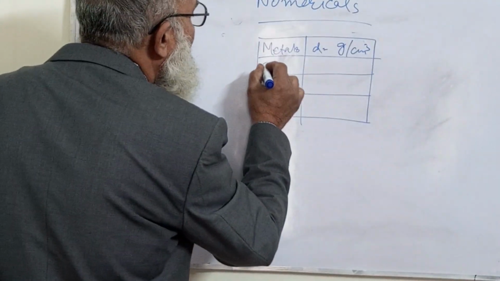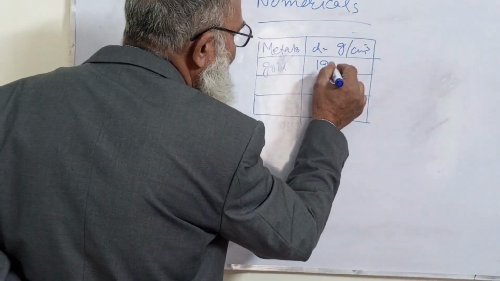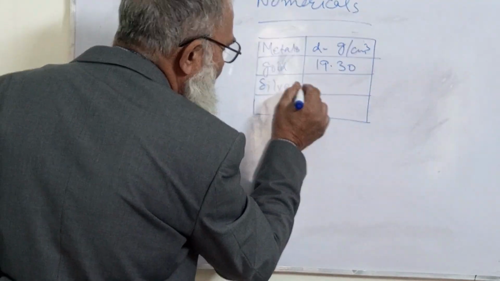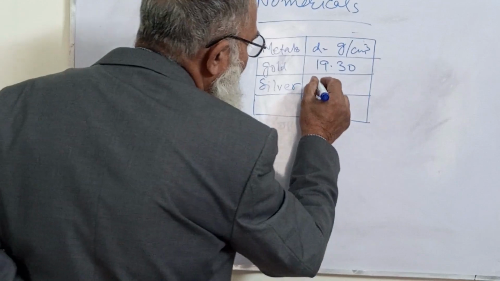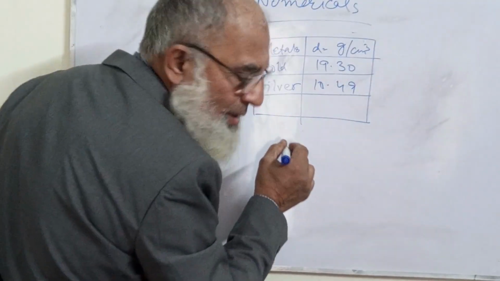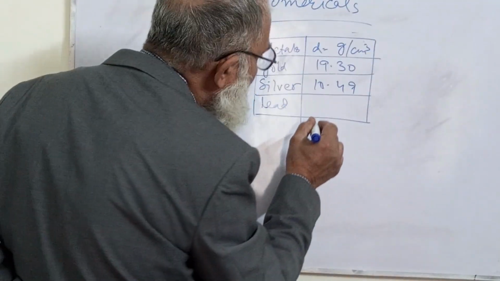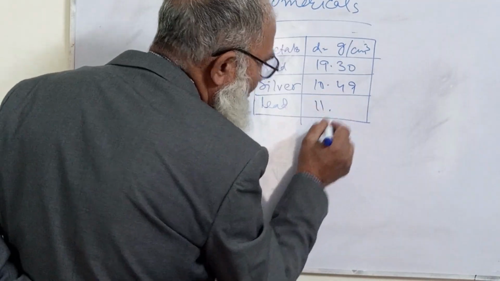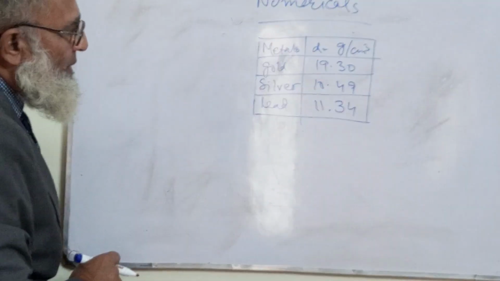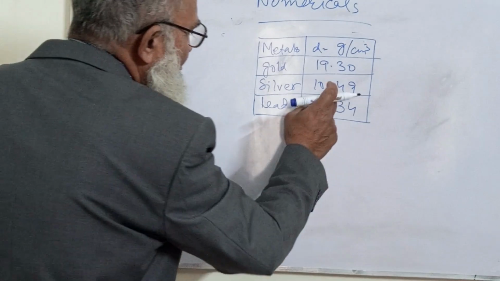Gold has the density of 19.30. Silver has the density of 10.49. And lead has a density too. The heavier metals are gold and lead, and silver is less heavy.